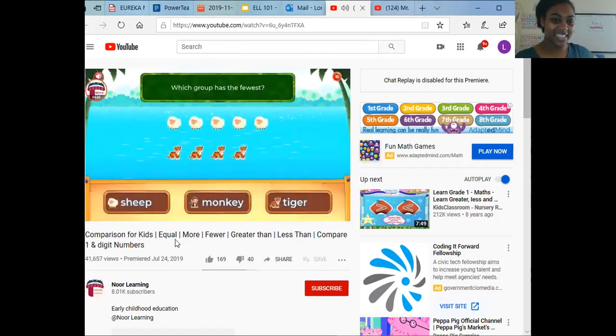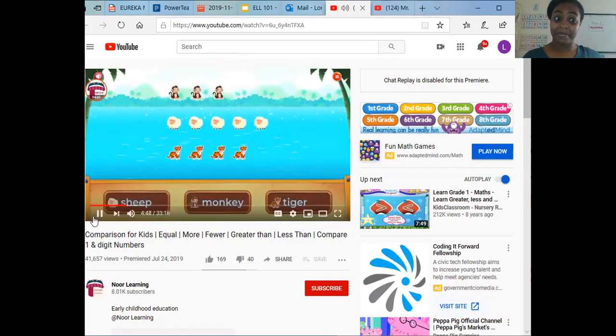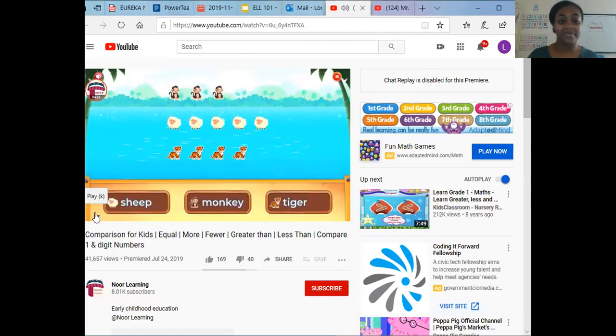Which group has the fewest? Which one has the fewest, the smallest number? Will it be the monkeys, the sheep, or the tigers? Let's see. Which one do you think? Let's see if you're correct. Monkey.